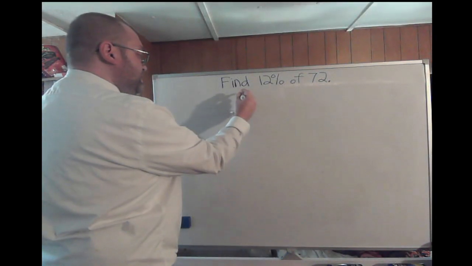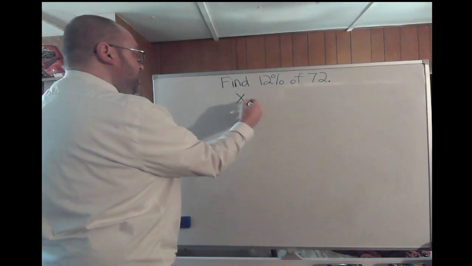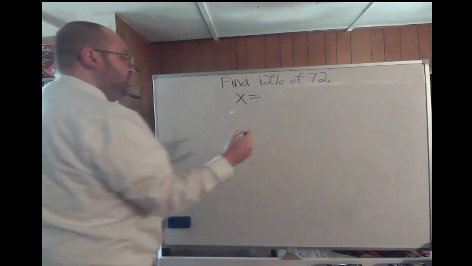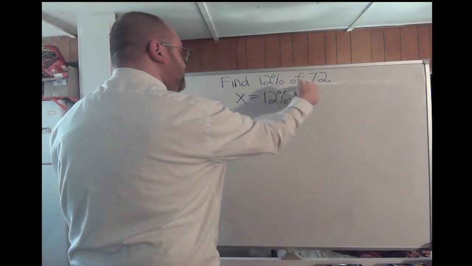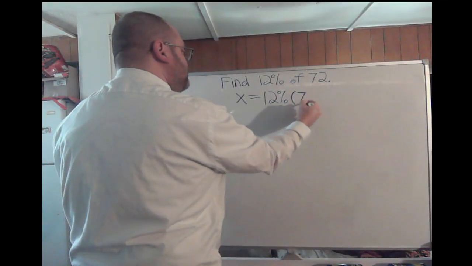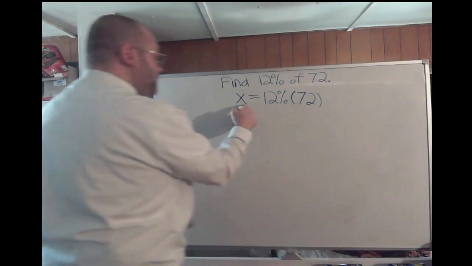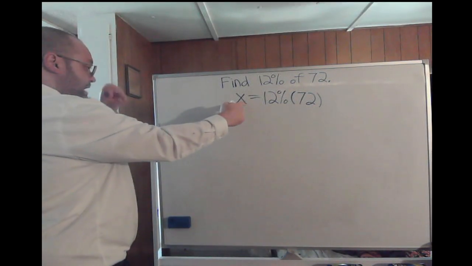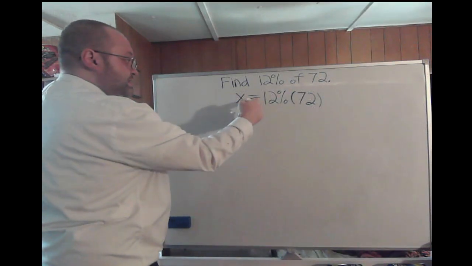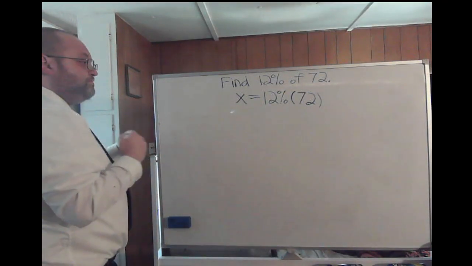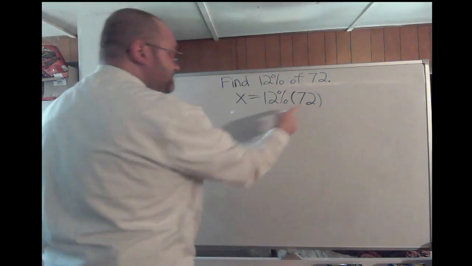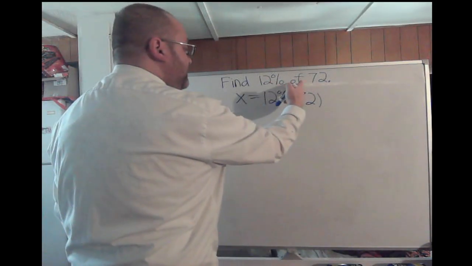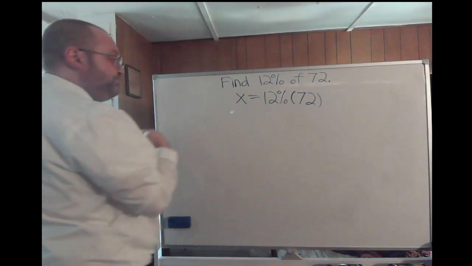Well, we'll let x equal that what, and then we've got 12% of 72, which means 12% times 72. Whenever you have 12% of, that means times.